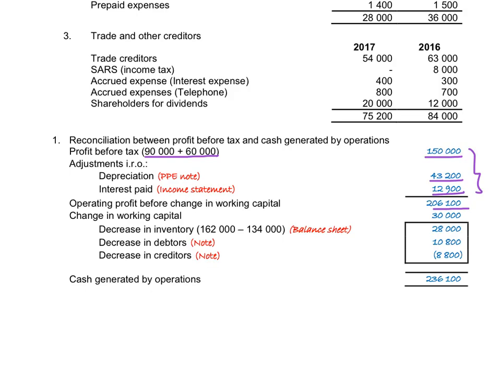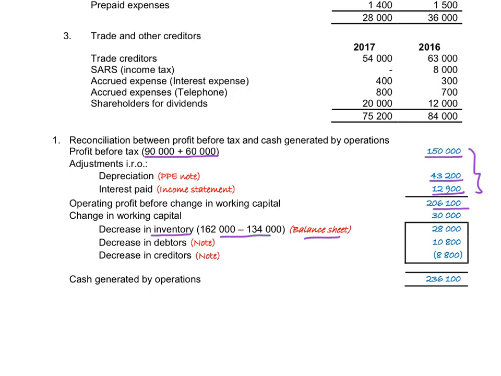The first change will be in inventory. So we will look in your balance sheet, and the difference between the inventory for the current year and the inventory for the previous year will show us the inflow or outflow of money.